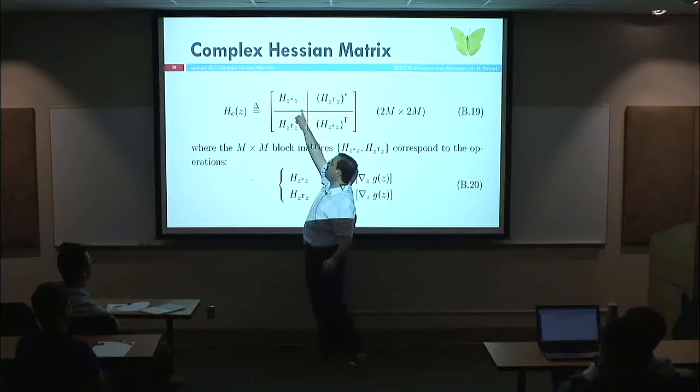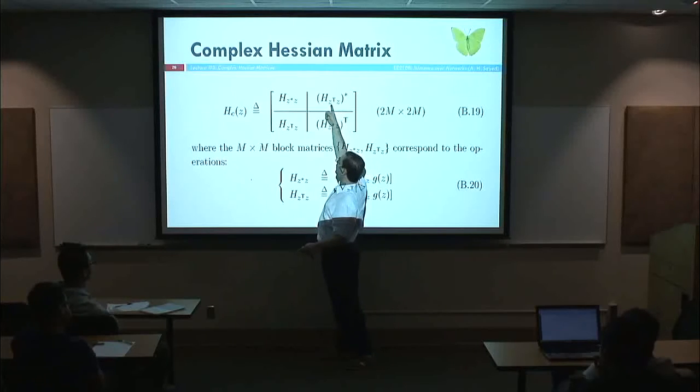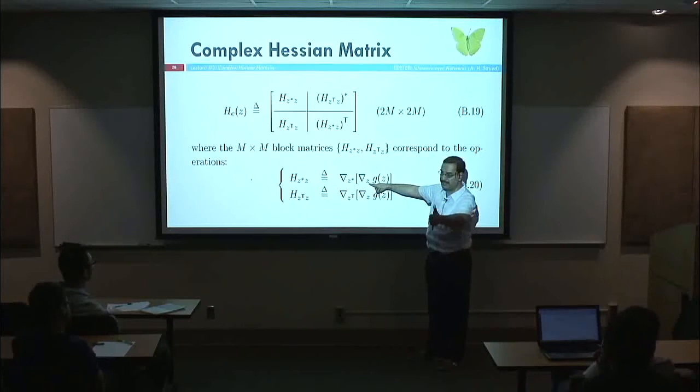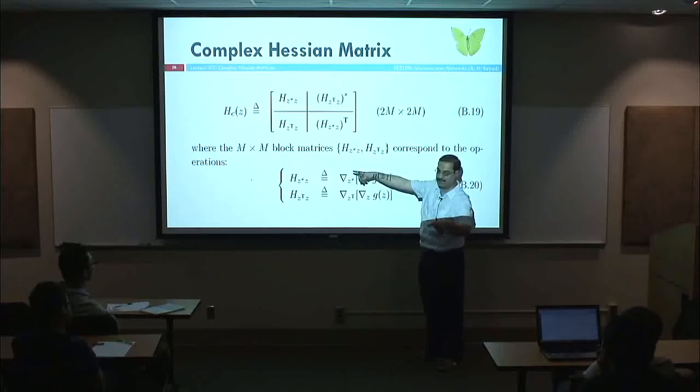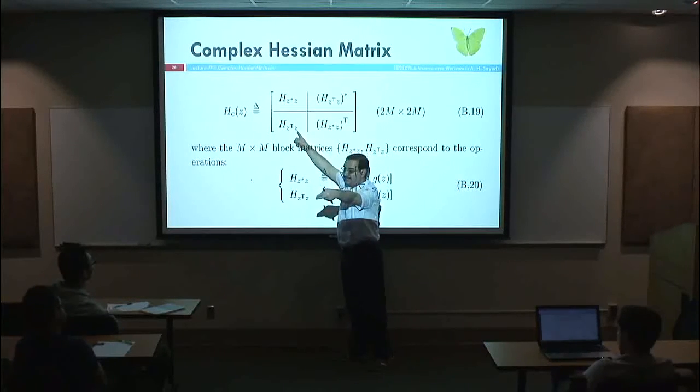Before I had Hessians relative to x, x transpose, y, y transpose, y, x, x, y. Now you only see z's. This is the Hessian relative to z, z star, meaning you compute the gradient relative to z followed by z star. That's what the notation means. Here, z, but then you follow by z transpose.